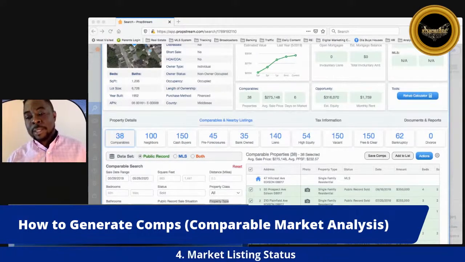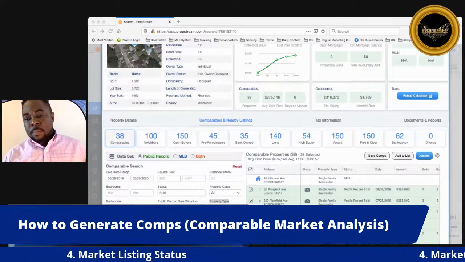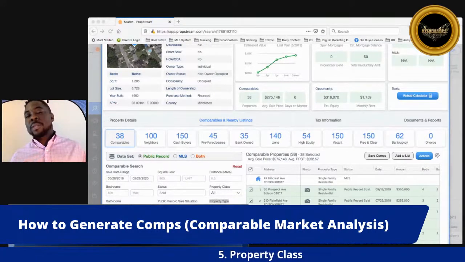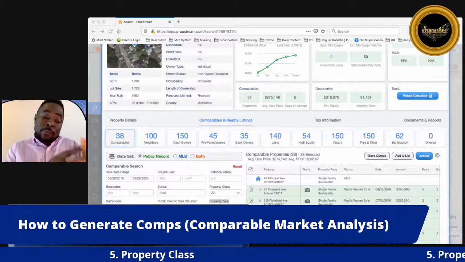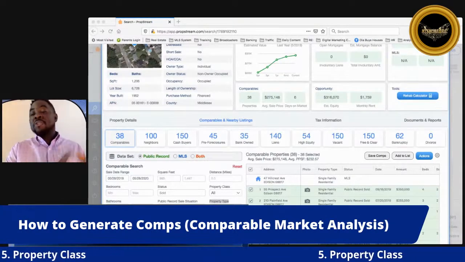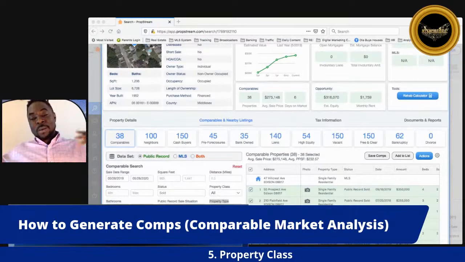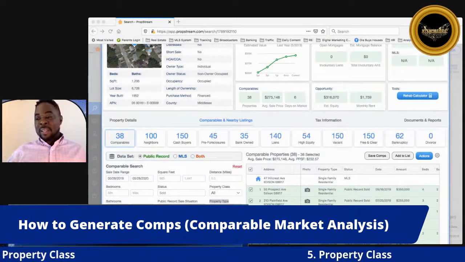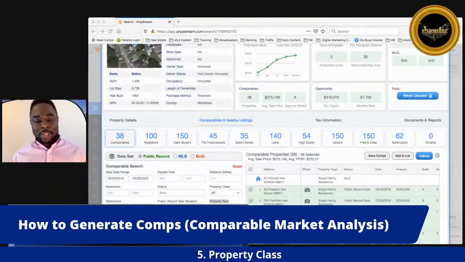Property class. Let's go to property class. What's property class? Okay, we want to make sure that this is residential. If you're comparing residential, which you should be, if you're here, we're talking about residential properties. Why? Because the volume and speed at which you can flip houses is a lot faster with residential.